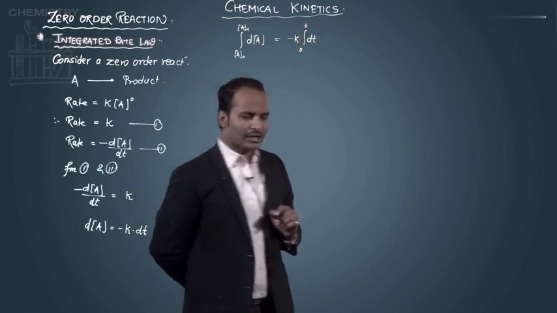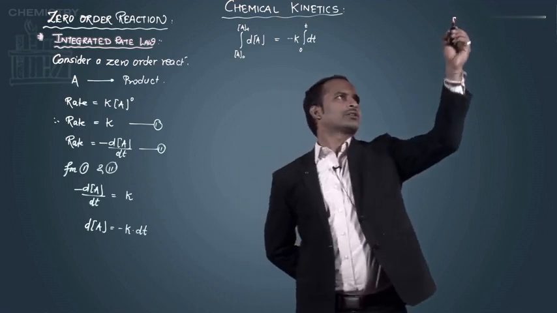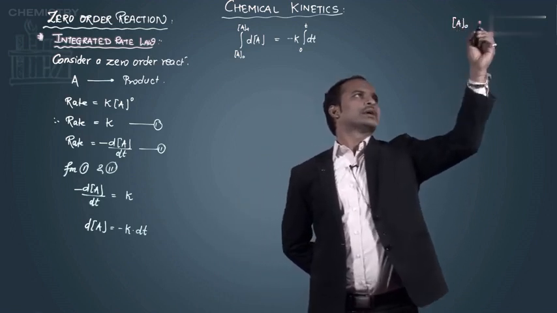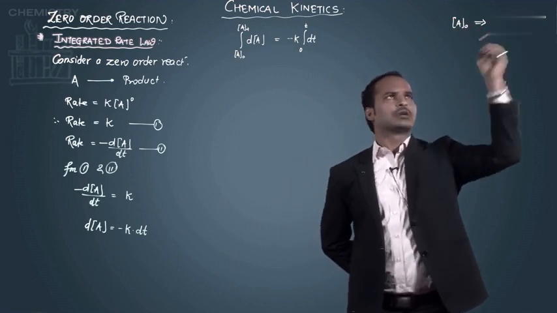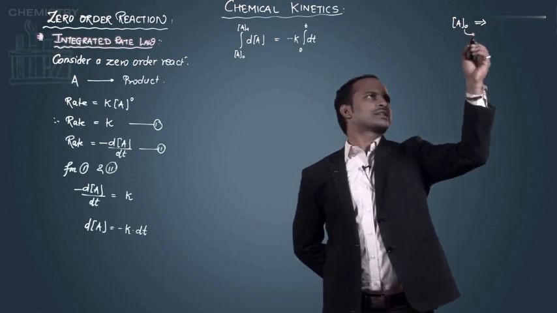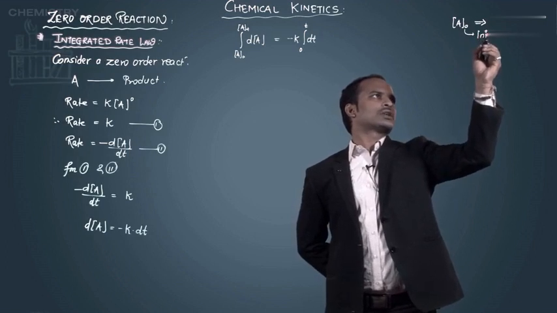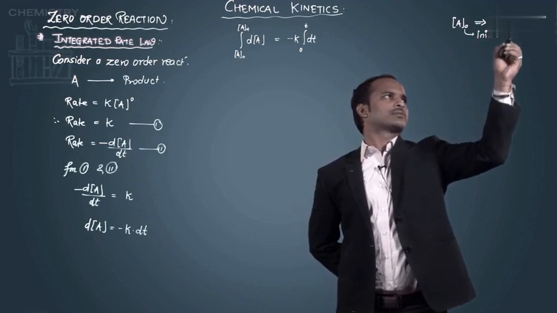Now what is A0 and AT? Let's see. A0 is nothing but the concentration of the reactant when the time is 0. It means I can say this is nothing but the initial concentration of reactant.